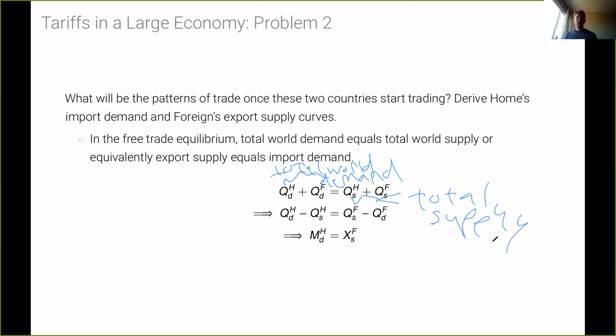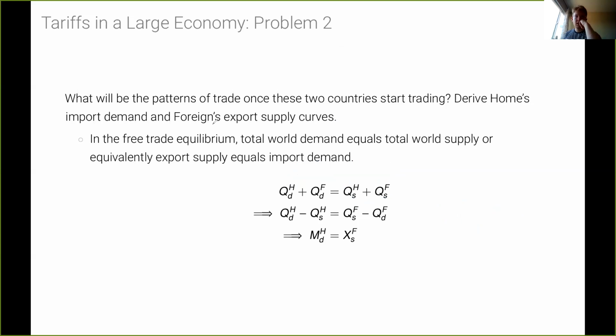Or equivalently, we can just rewrite this top expression by subtracting QFD on both sides and QHS on both sides here, and then we can equivalently use the condition that this is home's import demand and this is foreign's export supply.